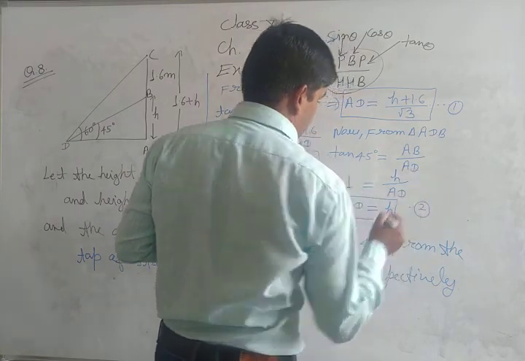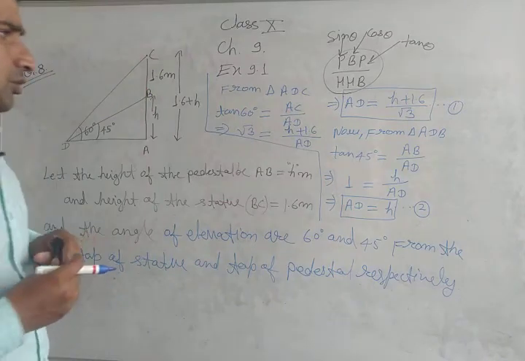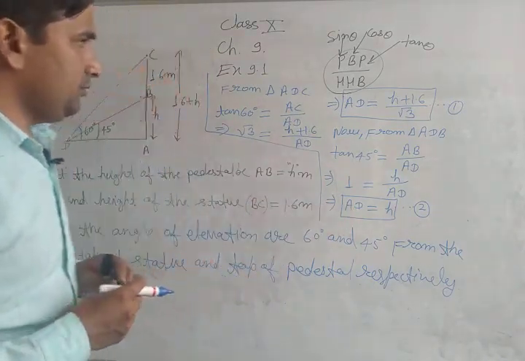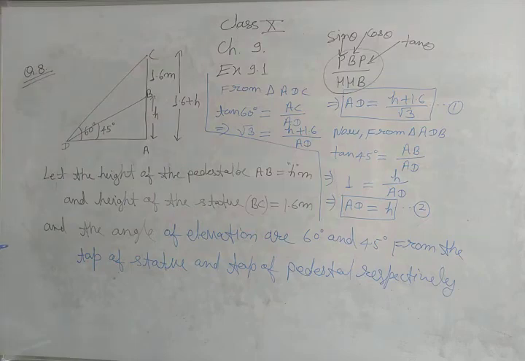This is equation number 2. So you observe that the value of AD equals h and the value of AD equals h plus 1.6 upon √3. Now we solve from equation 1 and 2.